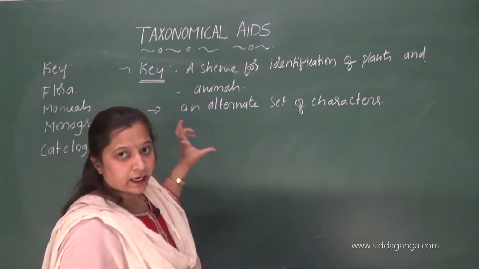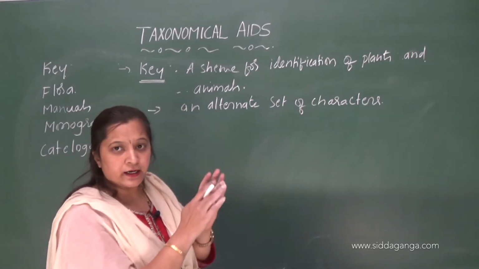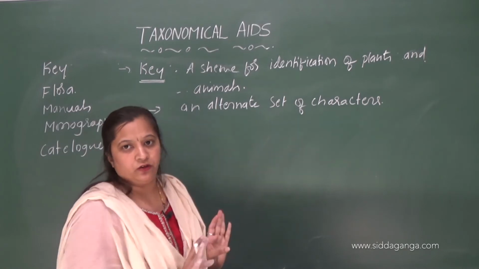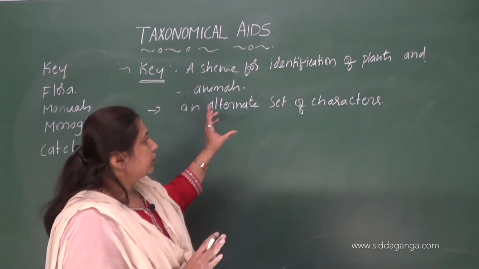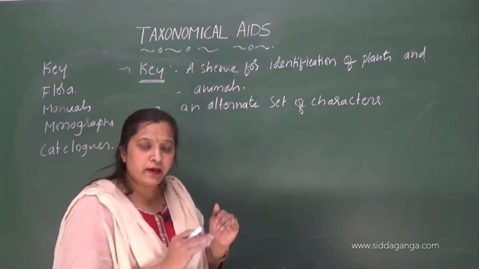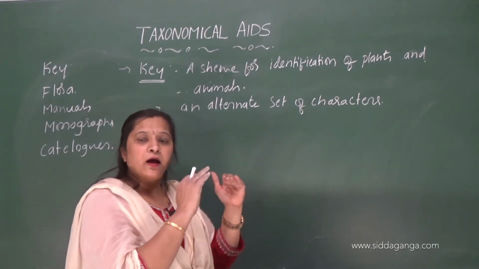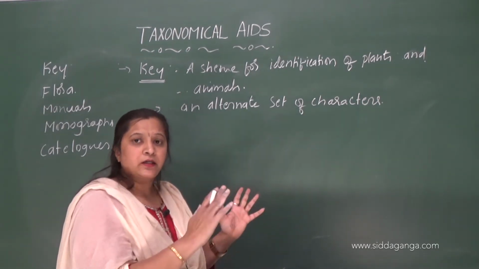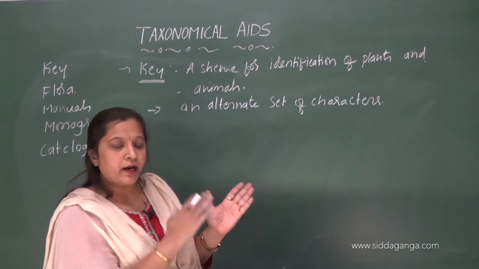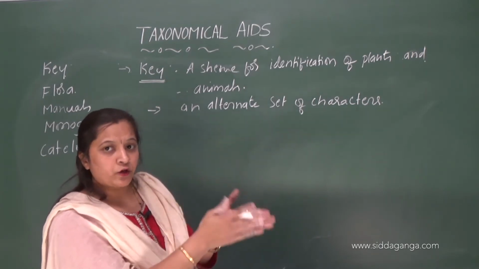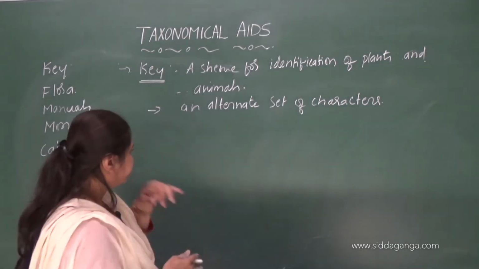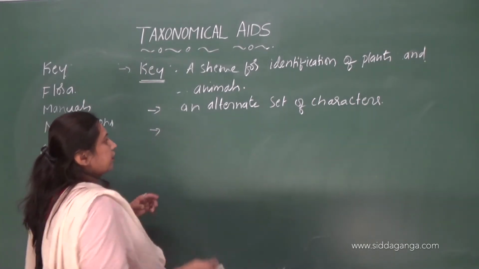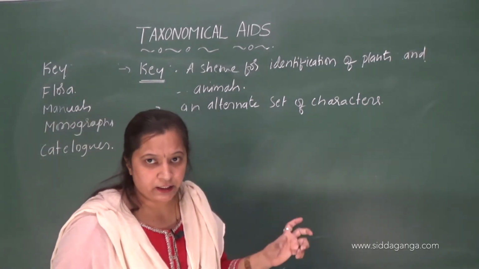So what does the key contain? They contain an alternate set of characters, arranged in such a way that one can identify the plants and animals correctly and accurately.